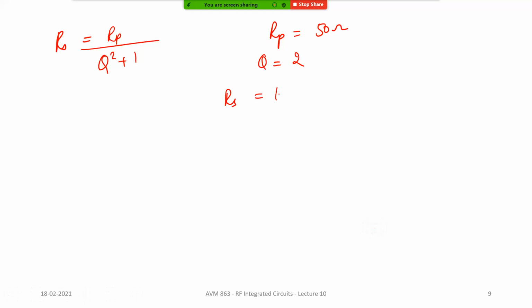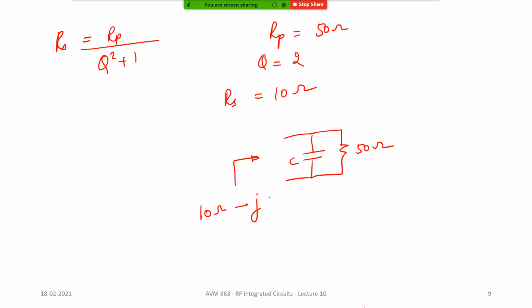Rs will be basically 10 ohm. In other words, if I put a capacitor in series with, let's say this is 50 ohm and this is some capacitor value C, if I look at this particular thing, this becomes Rs of 10 ohm plus minus some Jx. Correct? Is this making sense?